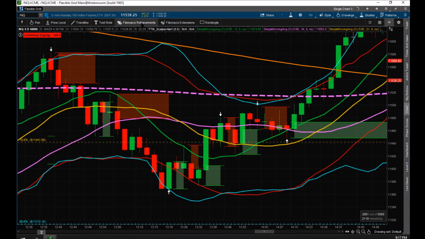I'm using the John Carter method with the Bollinger Bands and the Keltner indicator, along with, I don't know if he uses the 13, 21, and 34. I got that from somebody else. The combination of different strategies from different people has helped me develop what I have now.